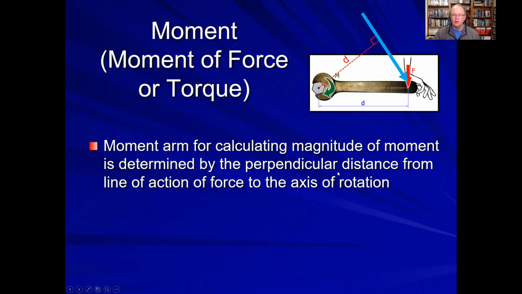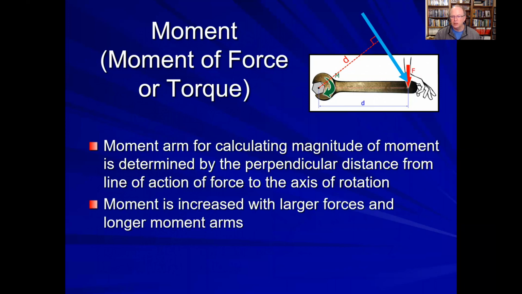So the moment arm for calculating the magnitude of the moment is determined by the perpendicular distance. Here the red line is the perpendicular distance D from the line of action of the force to the axis of rotation. So we can't assume that it's always going to be the same distance, because sometimes forces act from different angles than directly normal or perpendicular to the lever arm or moment arm of the system that we're studying.